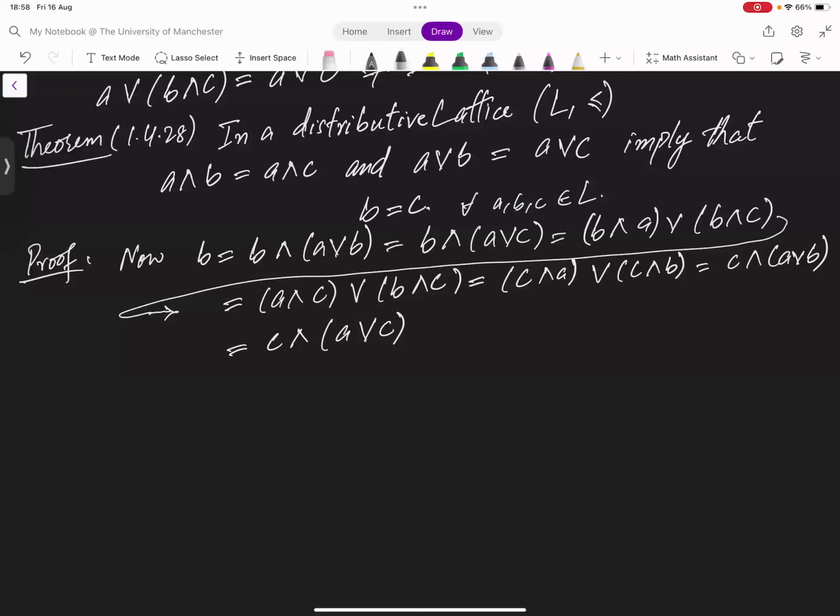Because A or B is A or C. And this is nothing but C only.